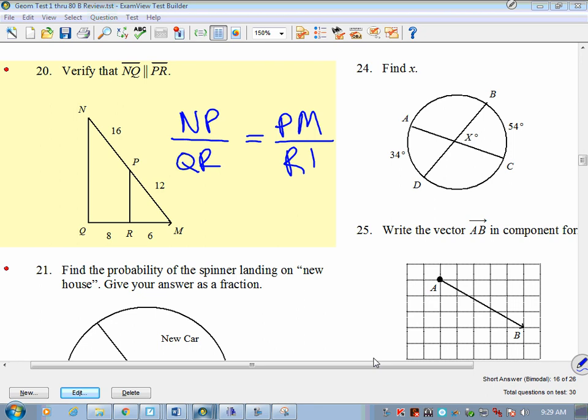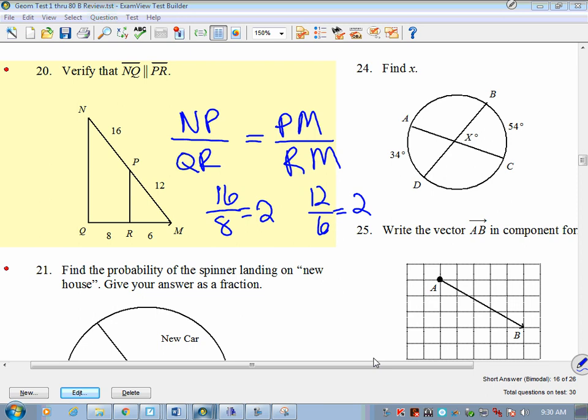Over RM. Sure. What is NP? 16 over 8. What's 16 over 8? 2. All right, what's PM? 12 over 6. What's 12 over 6 reduced to? 2. They're proportional, therefore they're parallel.